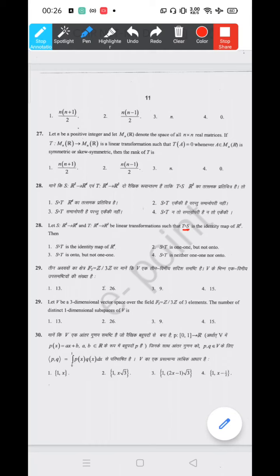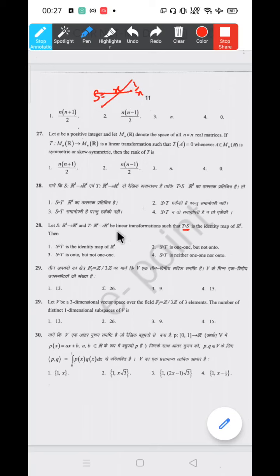This is the identity map. Will that be an identity map? Let us try to see an example. Suppose S equal to X, the inverse is 1 by X, but this won't work because 1 by X is not a linear transformation.